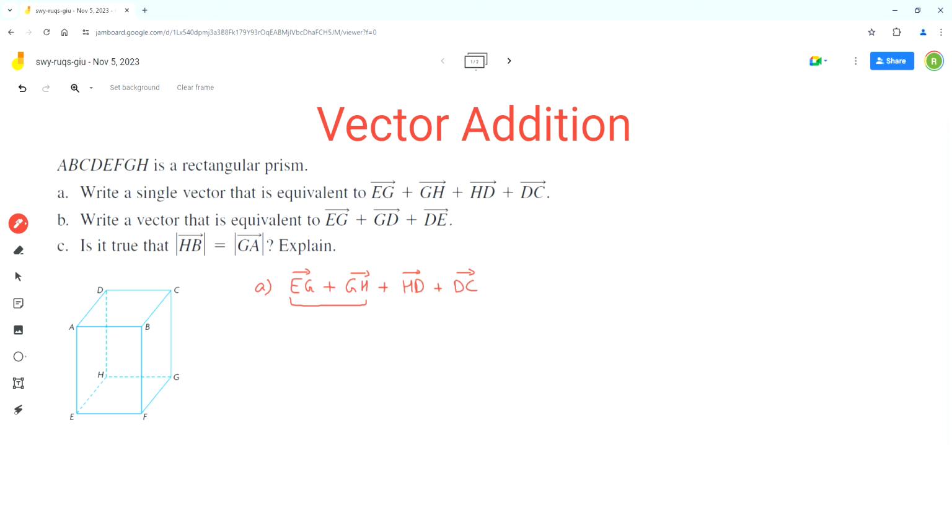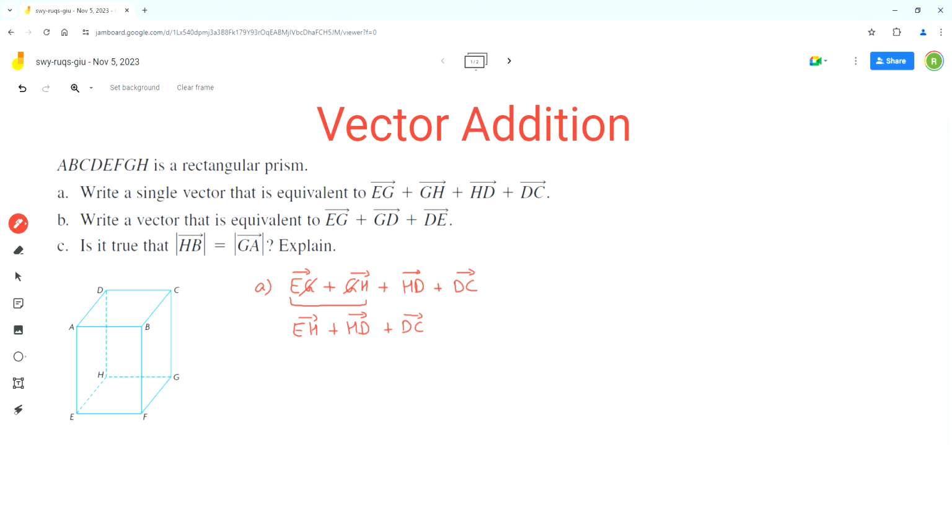In vector EG, we go from point E to G, and then we go from G to H. So the sum of these two vectors should be from E to H, vector EH. So we can rewrite the given statement, and we cancel out G from the two vectors we just added. So we are left with EH.